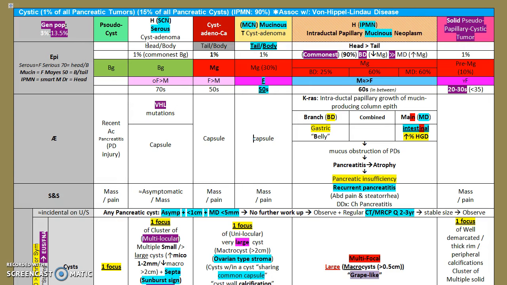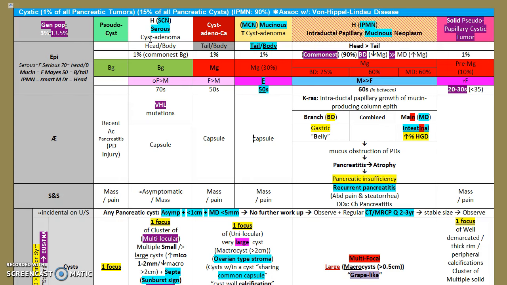First of all, most of the pancreatic cysts do have a malignant potential, except the serous cystadenomas, and of course the pseudocyst, which was put here for the purpose of comparison. So most of them do have malignant potential, but the serous type does not.